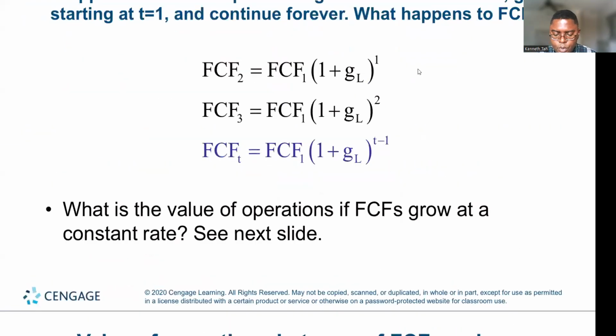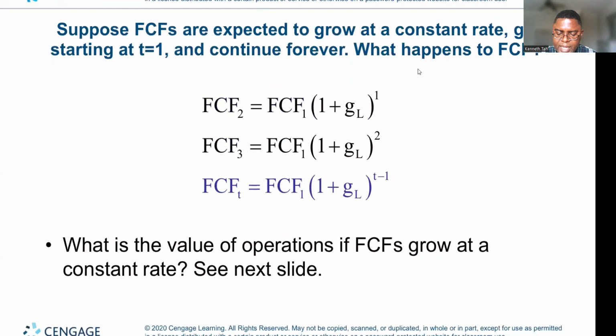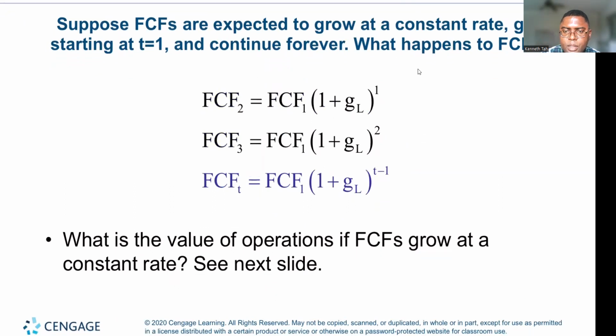It begins with the idea that if we have cash flow that is growing at a constant growth rate, where g is the constant growth rate, then free cash flow for year 1 is going to grow by 1 plus g raised to the power 1, and that is going to give us free cash flow for period 2.